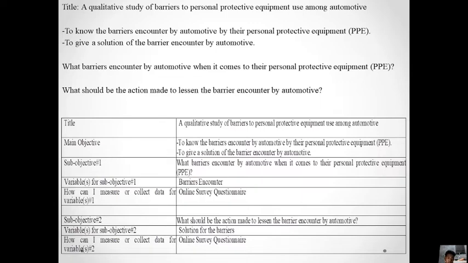Subject number two. I use: what should be the action made to lessen the barriers encountered by automotive students?